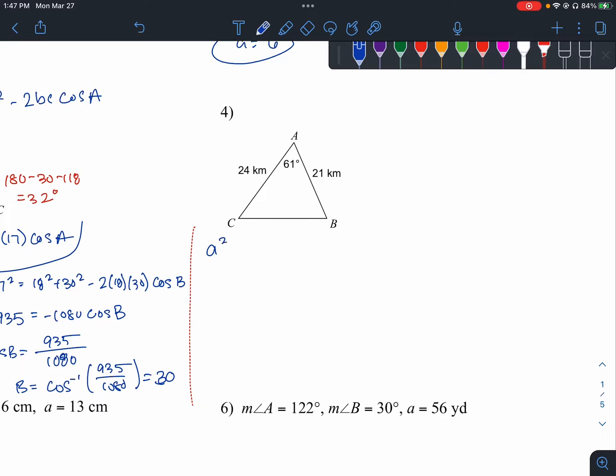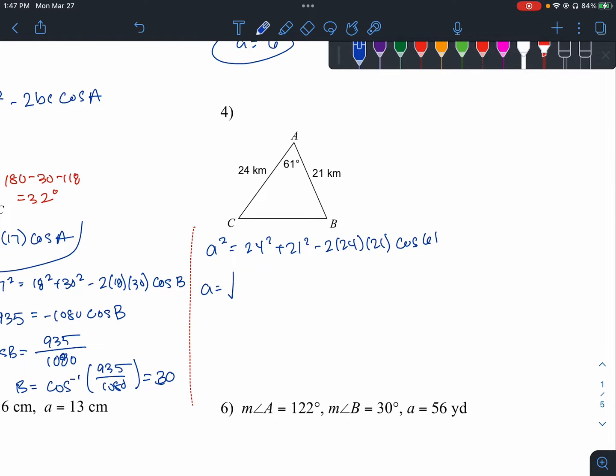Since we don't know it, a squared is going to be equal to 24 squared plus 21 squared minus 2 times 24 times 21, times the cosine of angle A, which is 61. You can just plug this into your calculator, so long as you use the square root of that.